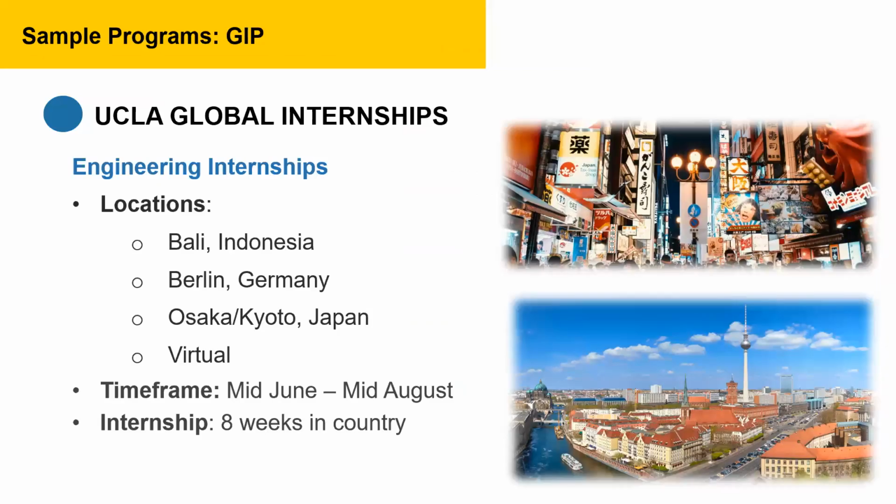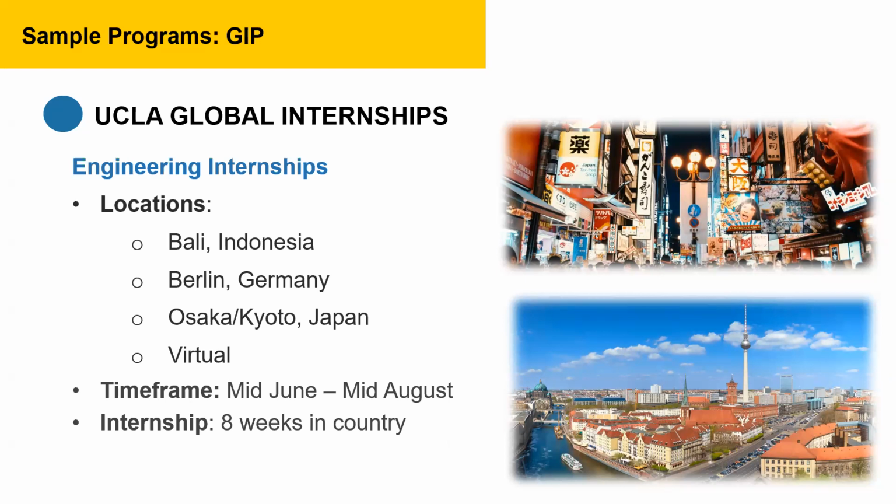So talking a little bit about the specific locations for engineering students, we do have 3 on-site locations as well as virtual opportunities. So we have a program in Bali, Indonesia, a program in Berlin, Germany, as well as Osaka and Kyoto, Japan. And then we also have a virtual engineering internship program.